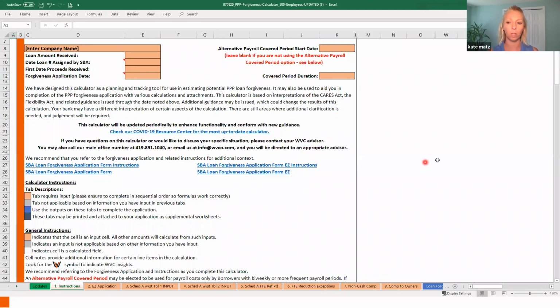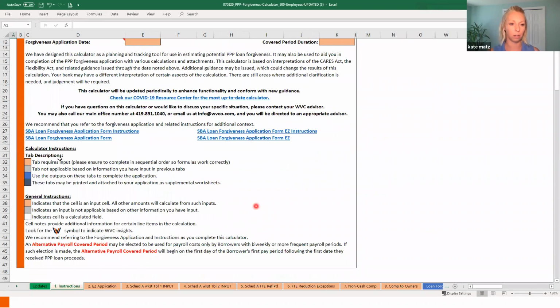Below that, we've got a couple of keys that'll be helpful. This first part talks about the different tabs. All the tabs that are in the salmon color indicate that those tabs have something that either requires your input, or you should at least look at and consider if you have something to input there.